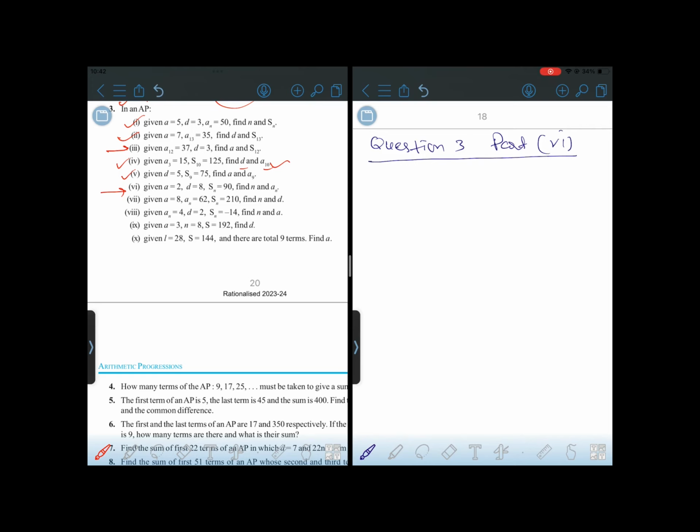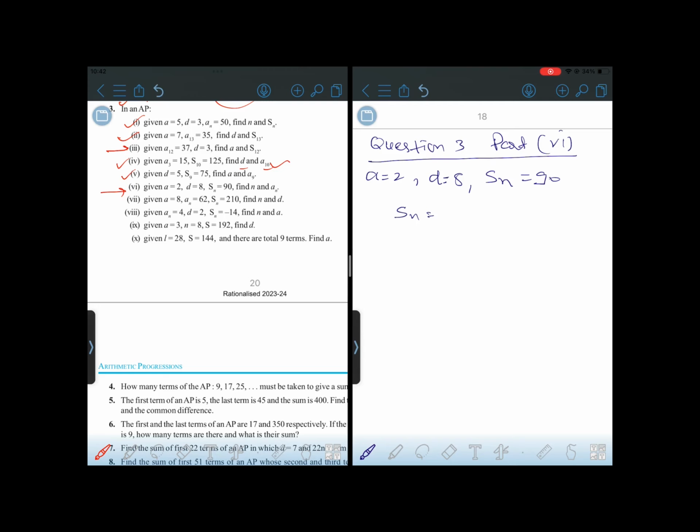In part 6, we are given the first term A is equal to 2. We are given D is equal to how much? D is 8. And we are also given the sum of n terms is equal to 90. So now we have to find out the value of n and an. So we can use the formula of the sum of n terms in AP.